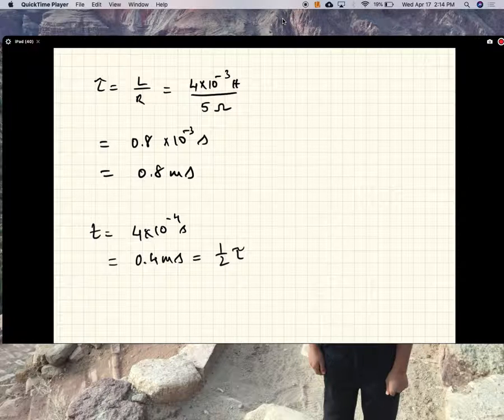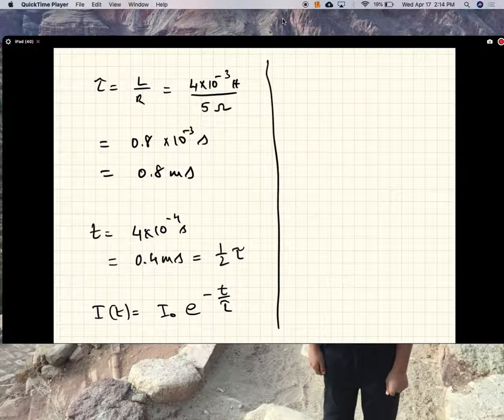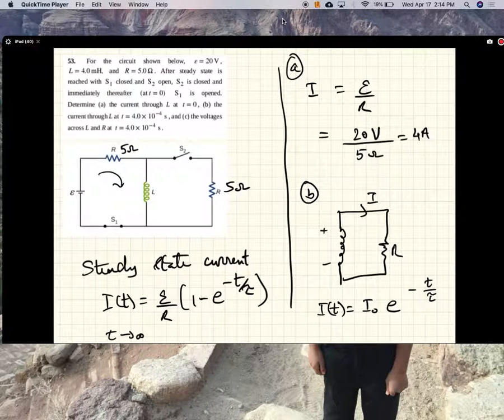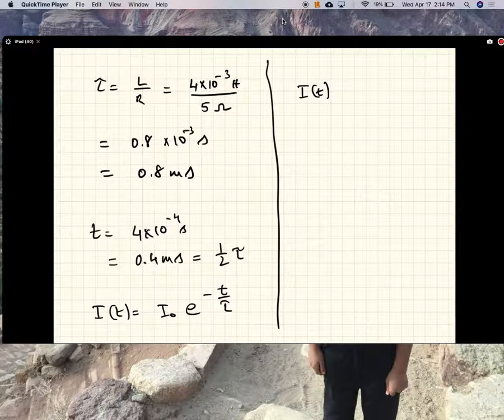So the current at this time is I naught e to the power of minus t by tau. I naught was 4 amps. E to the power of minus 1/2 tau divided by tau.